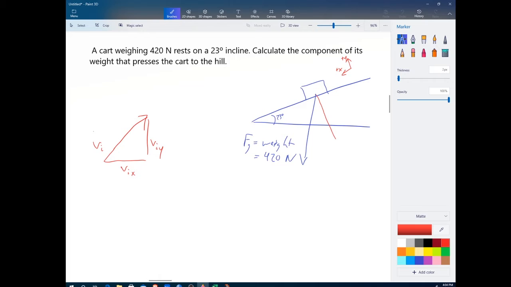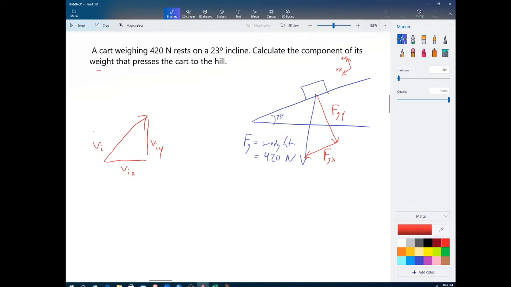So I make a right triangle where the one that comes from the box down is perpendicular to the ground, and then the one that goes from there to the vector for weight is perpendicular to the first vector. So in other words, I'm going to call this my FGY and this my FGX.